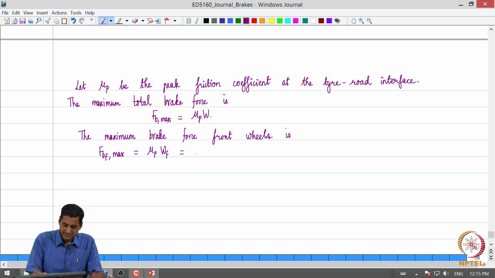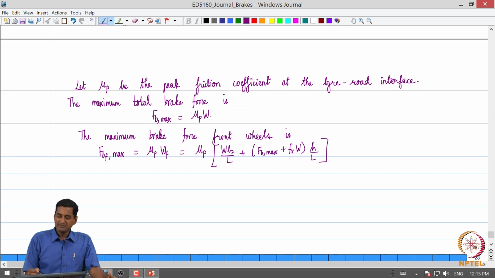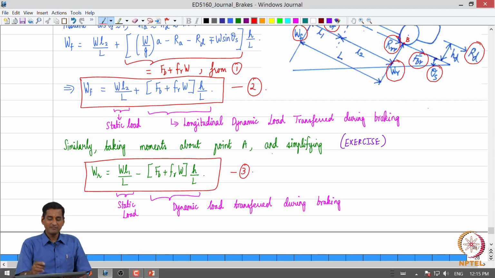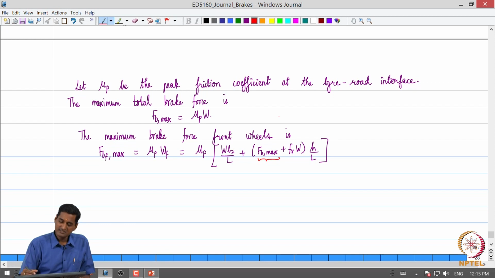Then we substitute the expression for WF, which is W L2 by L plus FB max plus FRW times H by L. The only difference I am making is that rather than FB, I am using FB max. How did I get this equation? From equation 2 for WF, which we just derived. In equation 2 above, for FB I am just substituting FB max because we are interested in the maximum braking force.